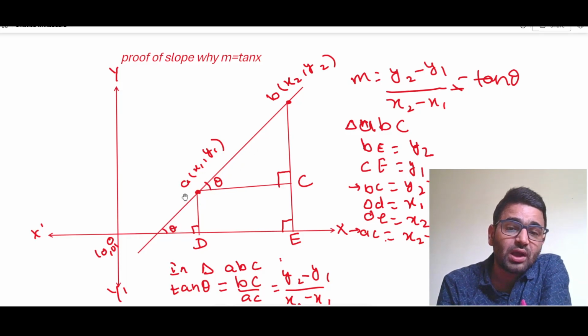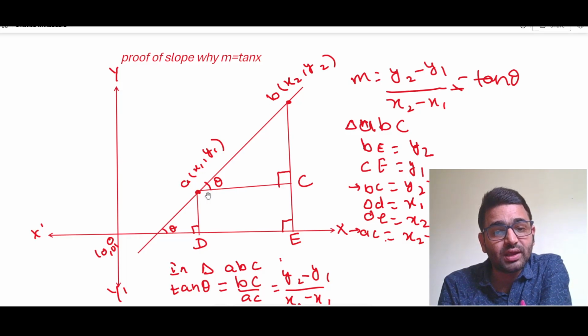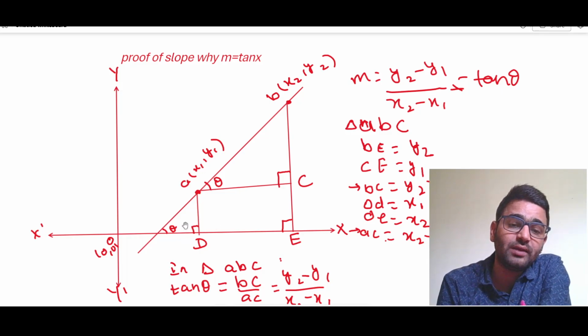So what we will do? We will draw a perpendicular from point A on our x coordinate, and also a perpendicular from point B to our x coordinate, and I have given the names D and E. Next, I have drawn a perpendicular from A on line BE and given the point name C. This theta and this theta will be equal, because AC is parallel to the x coordinate, and we know this property well.